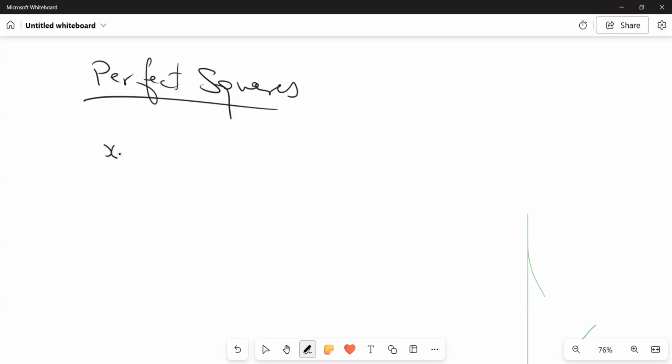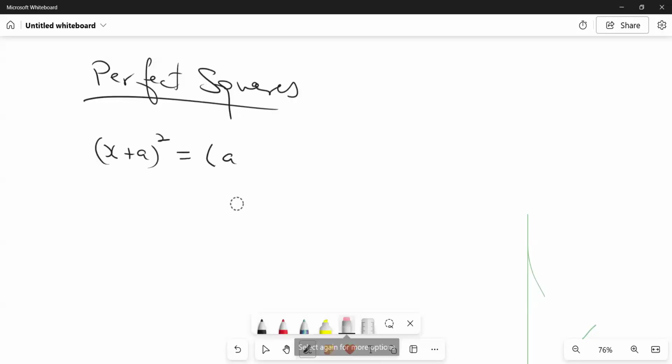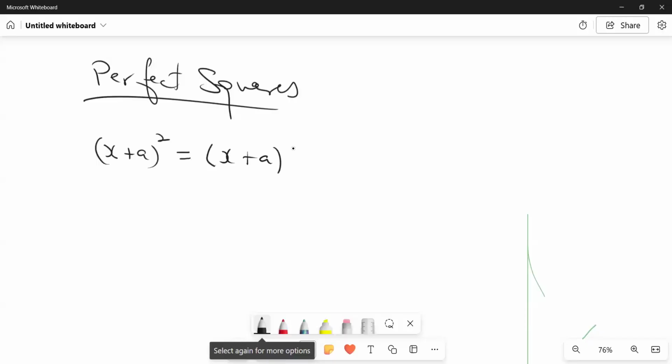Let's examine something when we expand x plus a squared, that is x plus a times x plus a.